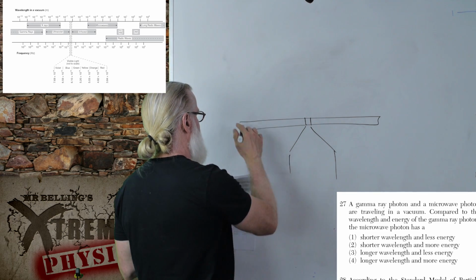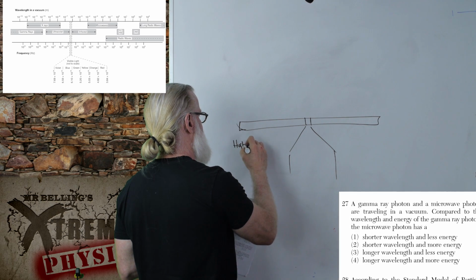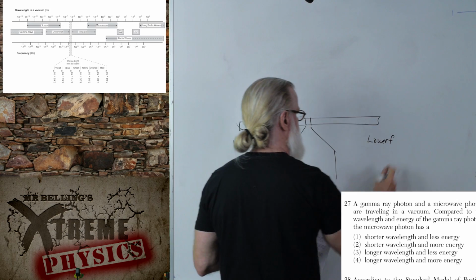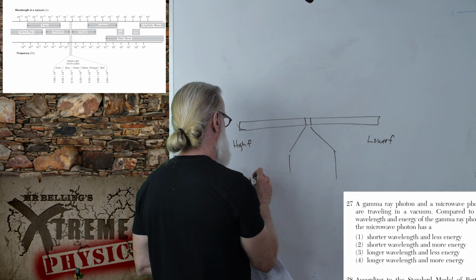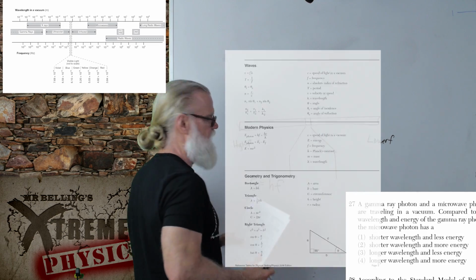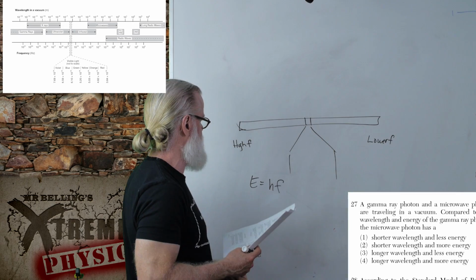And over here they have high frequency, and over here they have lower frequency. And we've learned with the photoelectric effect that the energy of a photon is proportional to the frequency. It's Planck's constant times the frequency.